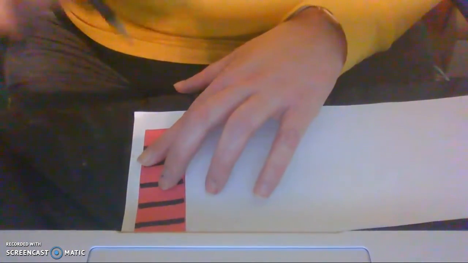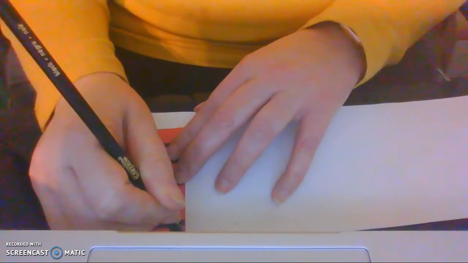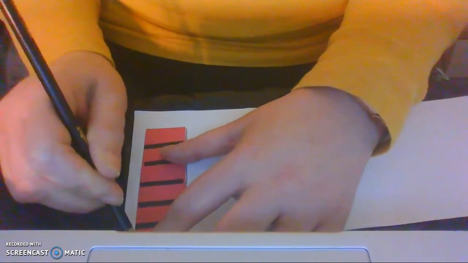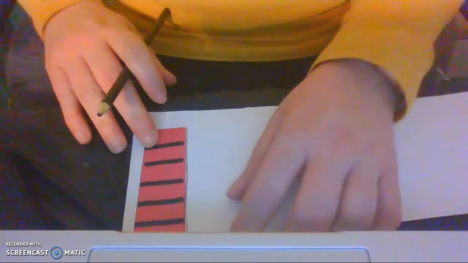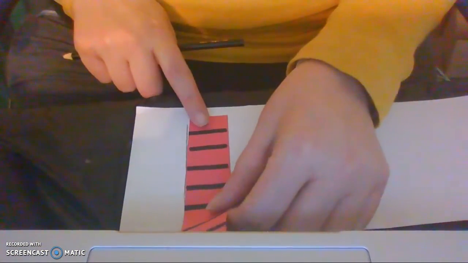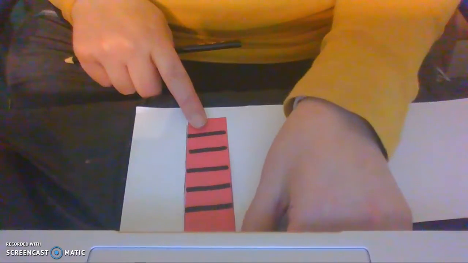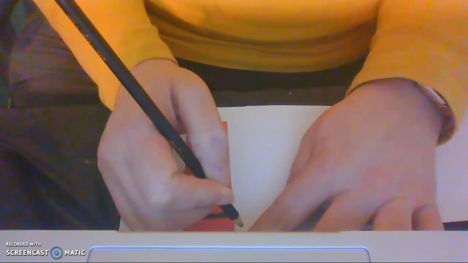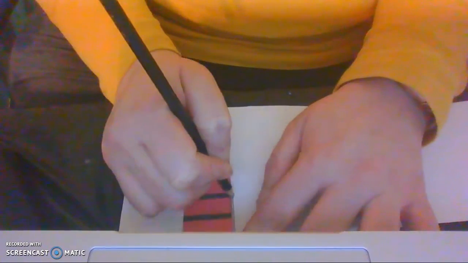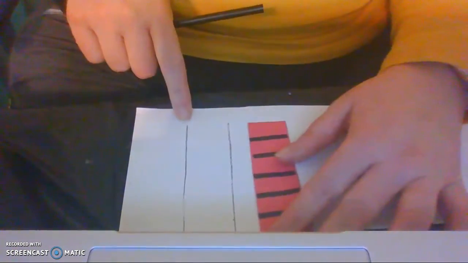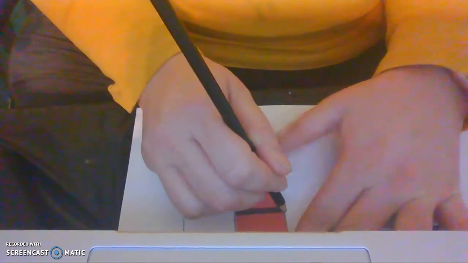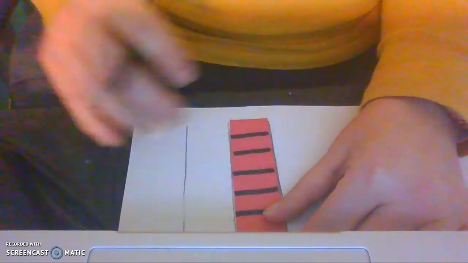So I'm going to draw a line, and when that line stops, I'm going to stop cutting. Then I'm going to go on the other side and draw a line on the other side of that, and I'm going to try to line it up so that it's even. All my lines are even, and that way my loom is equal distance apart.